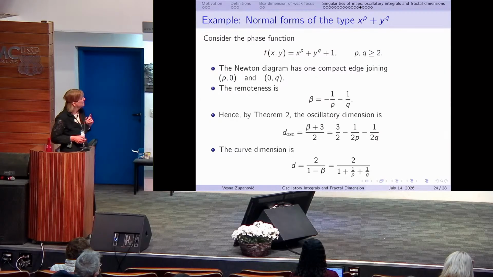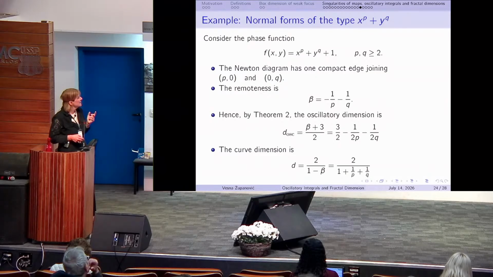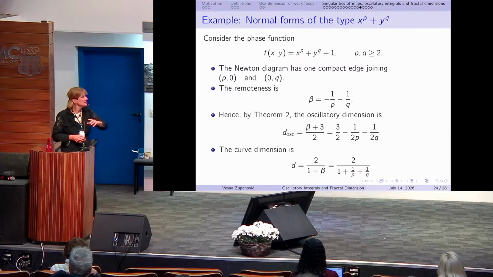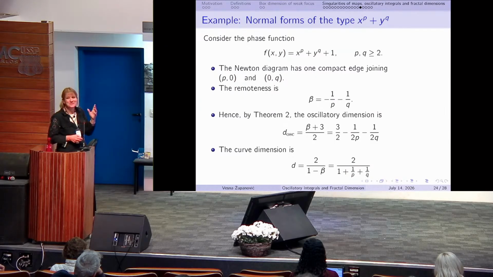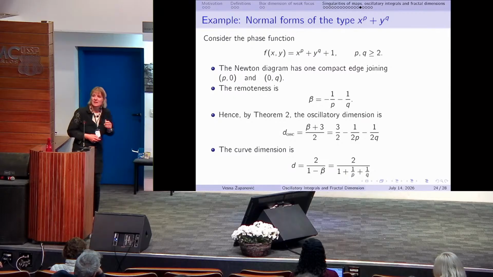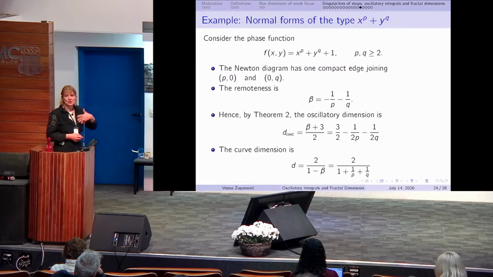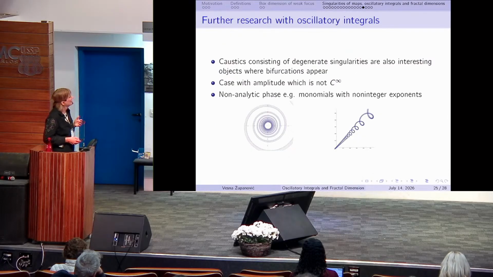But it is obvious that bigger P and Q give us more accumulation. It goes to 3.5, and here it goes to 2. The oscillatory is a chirp, and this is a spiral. It's based on a generalization of Claude Tricot's formula.